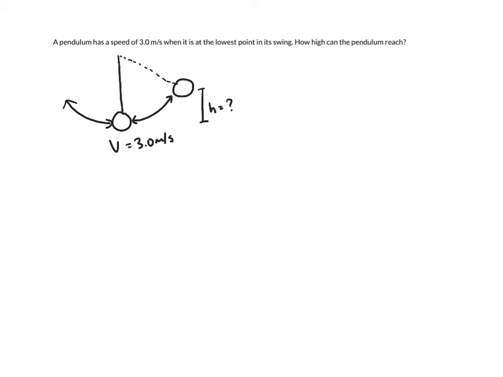And to solve this, what I'm going to do is apply the conservation of mechanical energy. The conservation of mechanical energy says that the mechanical energy at any one point, so I'll call it ME1, is going to stay the same throughout.